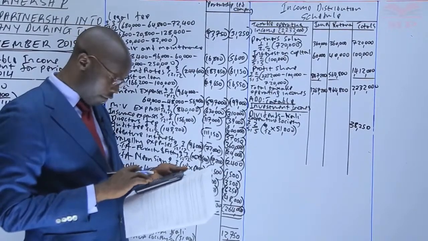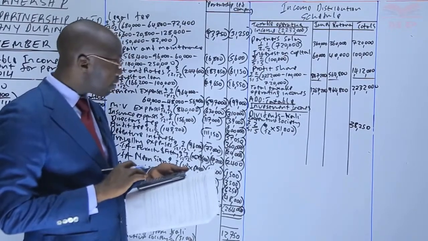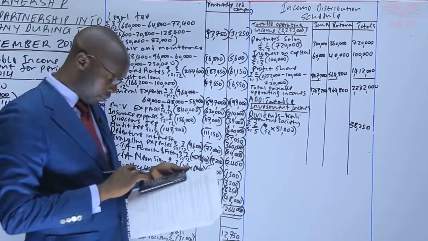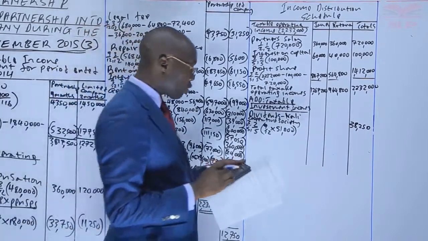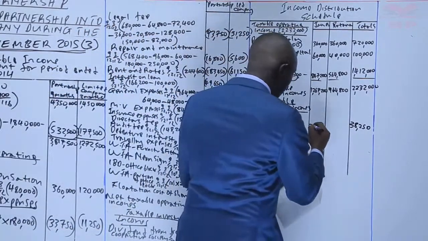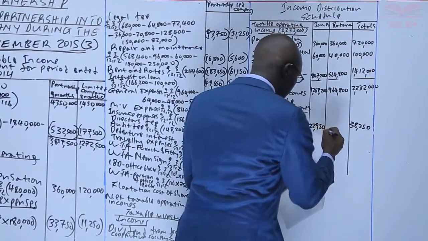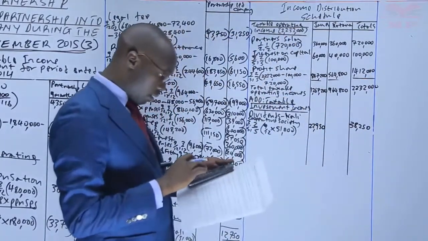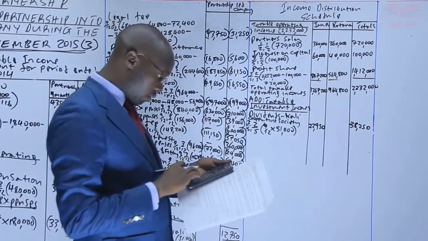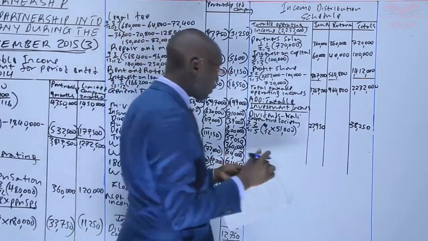Then we share. That is 3/5 times 38,250, which gives us 22,950 for this one. The other one, 2/5 times that, 15,300.